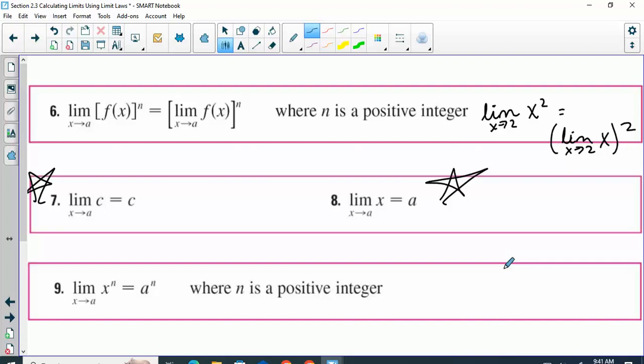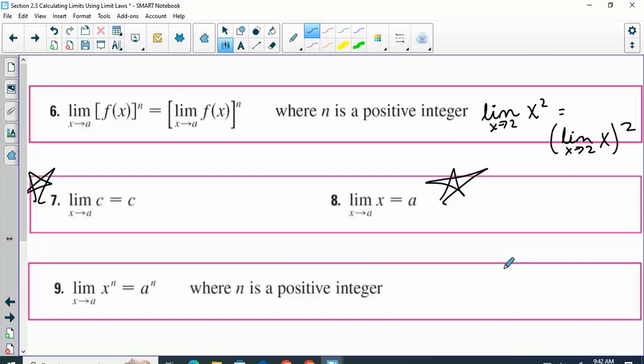So on this one, I could just plug in a 2. So this limit is equal to 2. Then we have 2 squared, which is 4. So we've kind of seen this. We saw sometimes we could plug things in and it gave us the value of the limit. Now we're whittling down and getting to when that works.